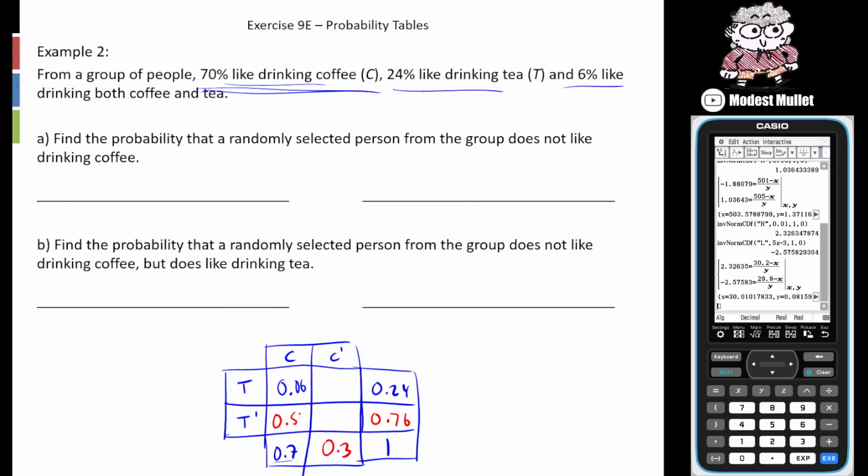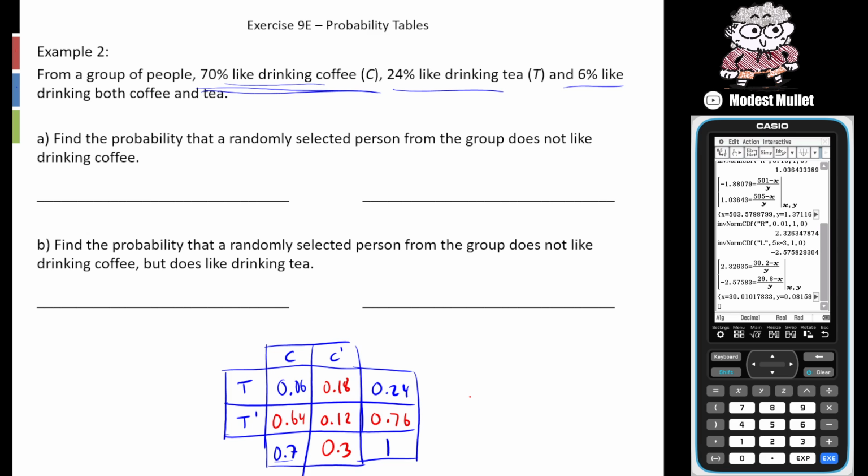So that needs to be 0.54. 0.54 to get up to 0.76 is 0.22. That's not 54. It should be 0.64, which will make that 0.12, which makes that 0.18, which works both down and across. Cool, so that all works.